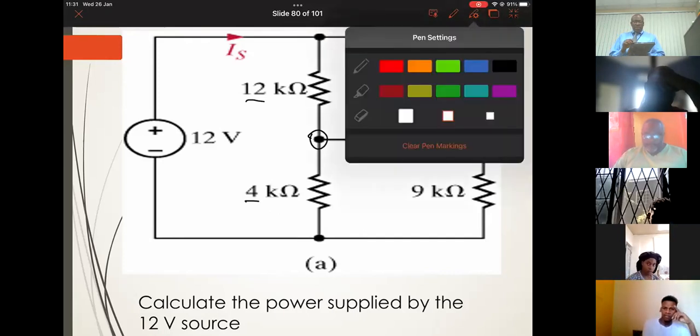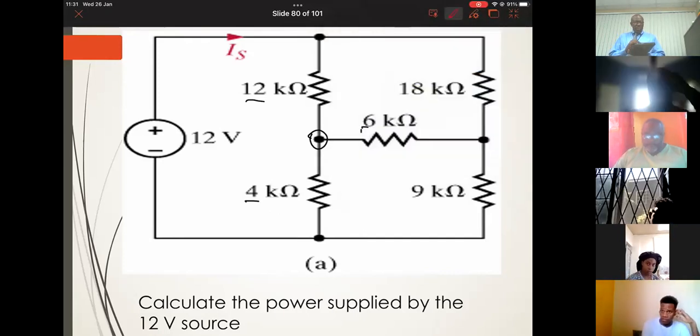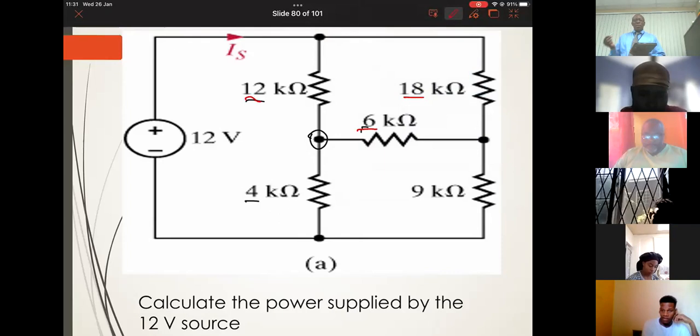Resistors 12, 6, and 18 are connected in delta. All right. Now let's see where the equivalent star network would be shown.